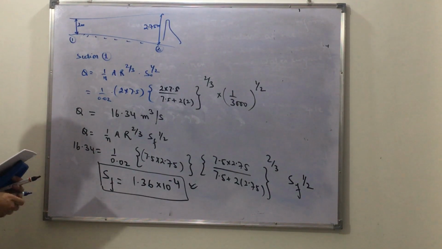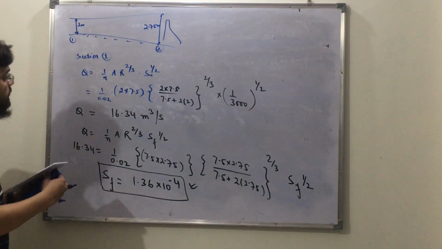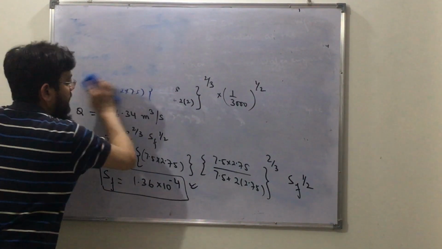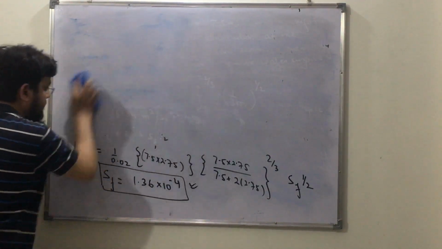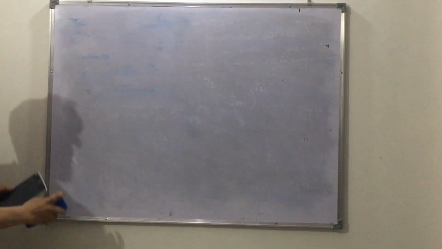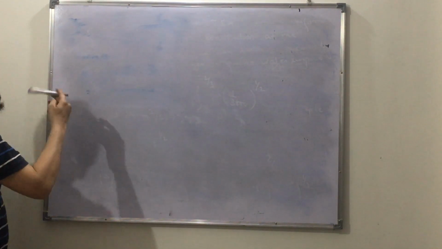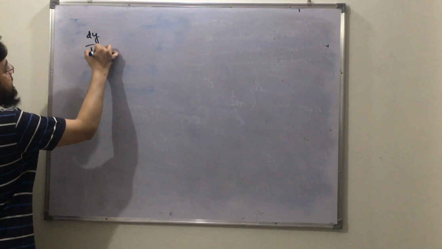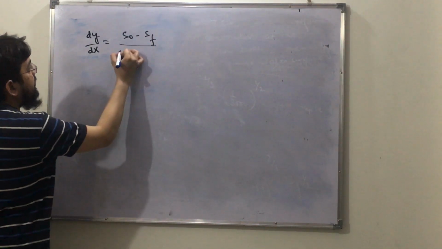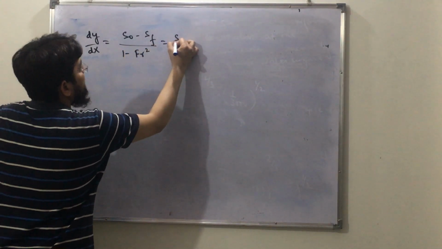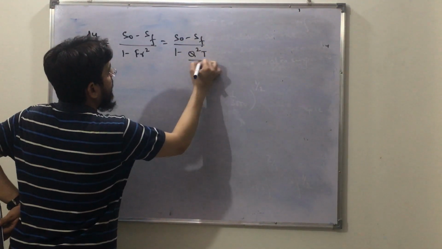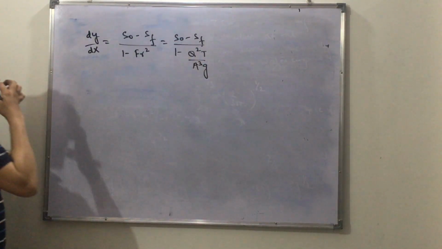We need to calculate SW. So prior to this SW, we need to calculate this expression: dy by dx is equal to S naught minus SF divided by 1 minus F square, which is equal to S naught minus SF divided by 1 minus Q square T upon A cube G. Correct?